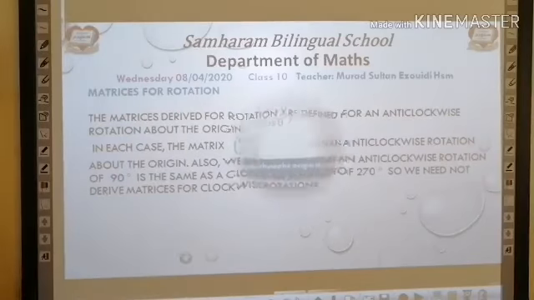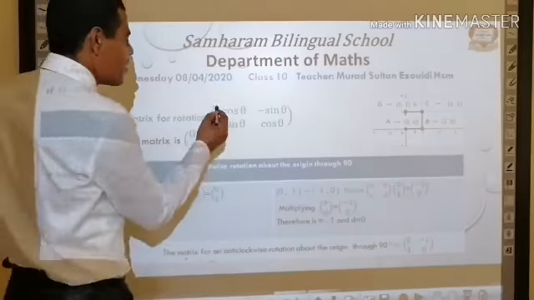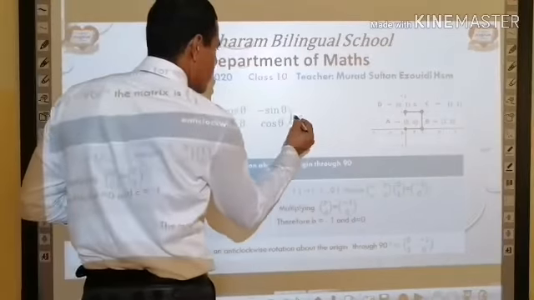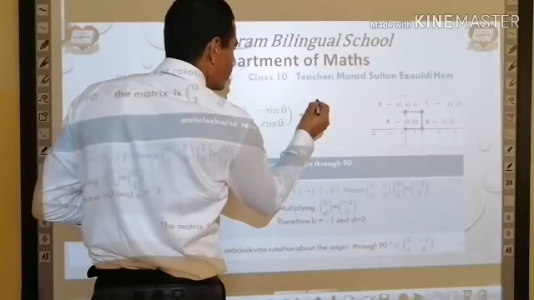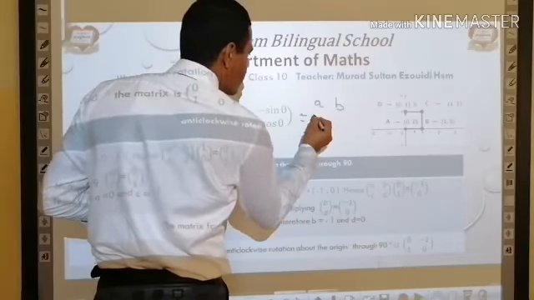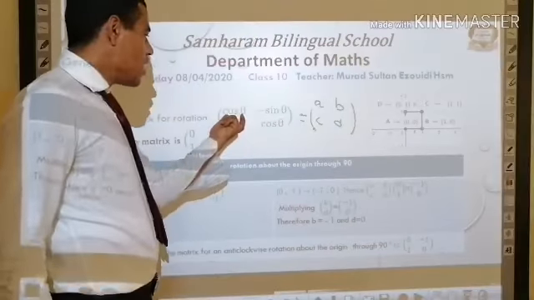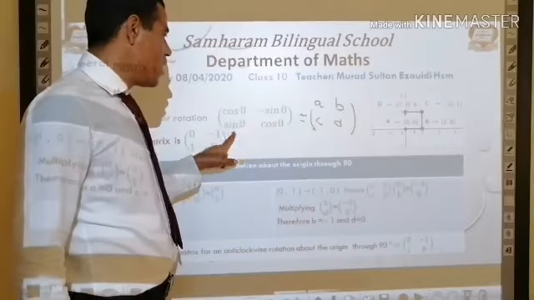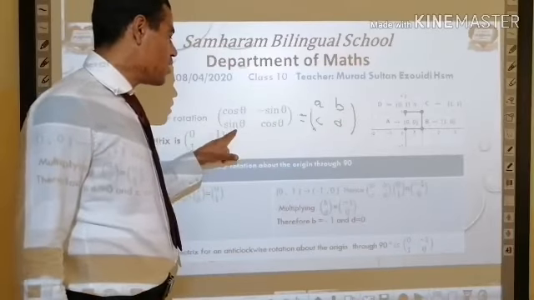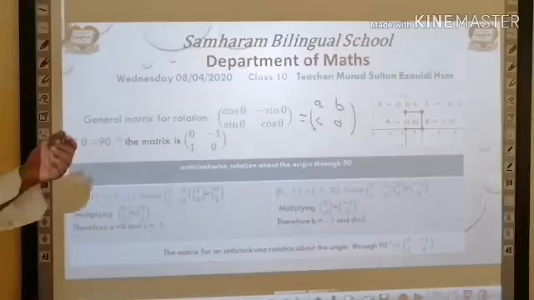So let's continue. In general, this is the matrix of rotation, A, my kids. This can be written as A, B, C, and D, where A equals cosine of theta, B equals negative sine of theta, C equals sine of theta, and D equals cosine of theta, whatever the angle theta.